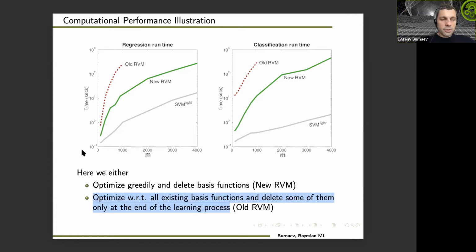And the typical pattern is that in principle, if we optimize greedily and delete basis functions, then the computational performance of such relevance vector machine isn't significantly worse than the computational performance of the support vector machine realized in the corresponding well-known C++ library.